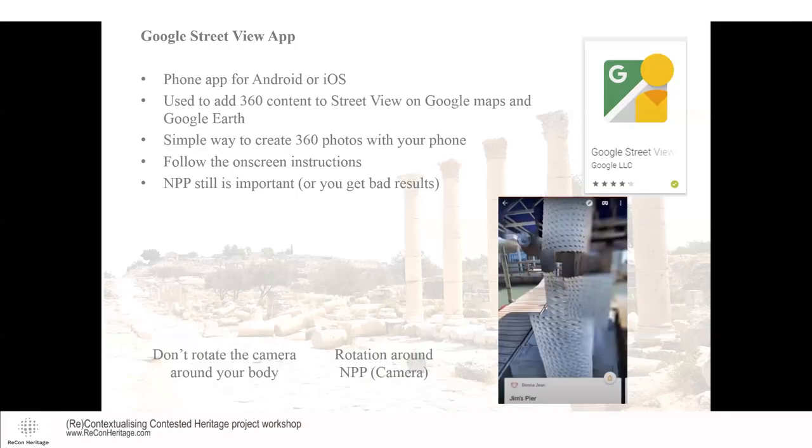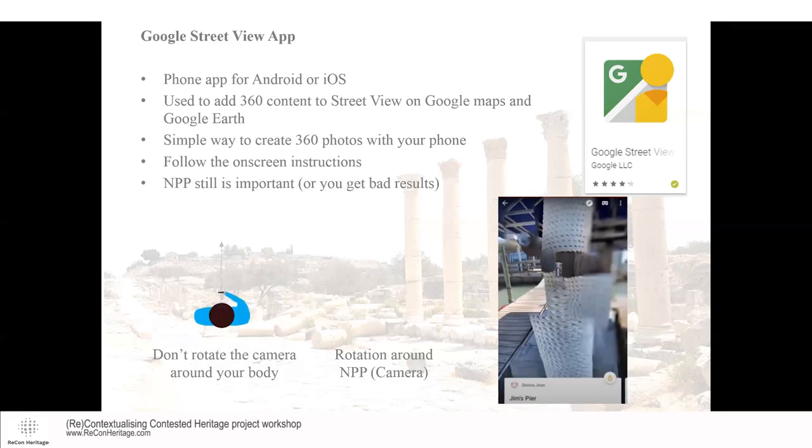This image on the right-hand side is from one of the tutorials, and the woman doing the tutorial pans around showing her completed 360, and you have this pillar on a dock that is clearly quite a bad stitch. Now, to be fair to her, she's stood very close to this, and therefore it's always going to be difficult to get good results. This is because she's not rotating around the parallax point.